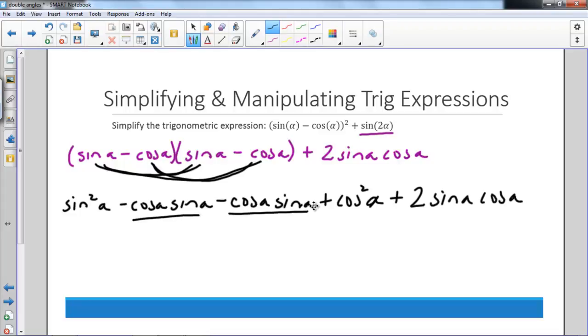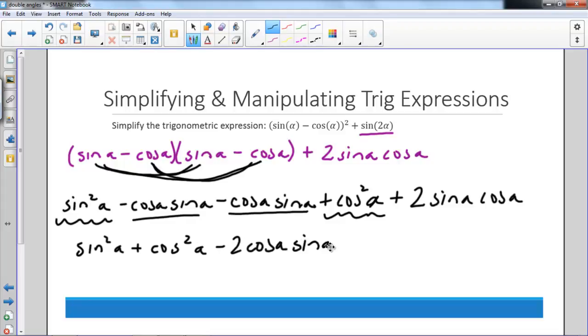So here I can combine like terms, and I'm going to go ahead and rearrange this and write my sine squared alpha with my plus cosine squared alpha together. So I get sine squared alpha plus cosine squared alpha minus 2 cosine alpha sine alpha plus 2 sine alpha cosine alpha. As you can see, these two terms are going to cancel.